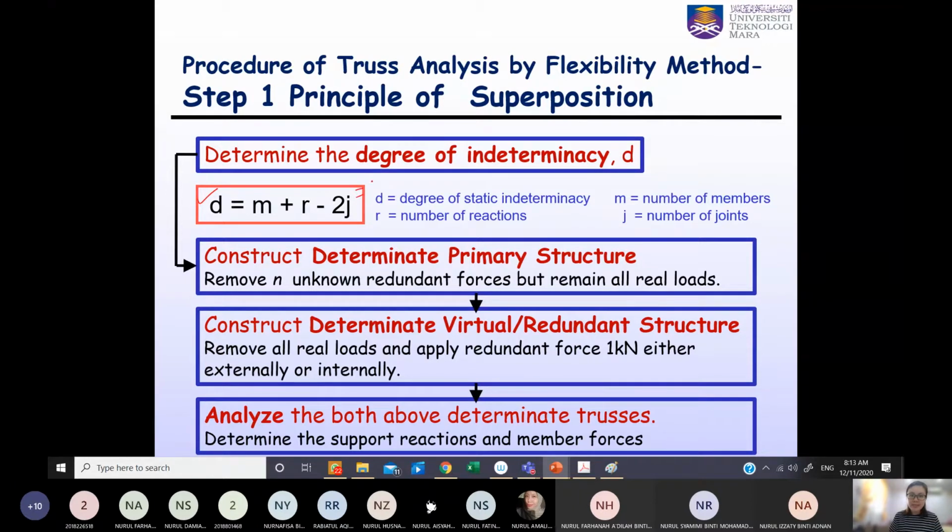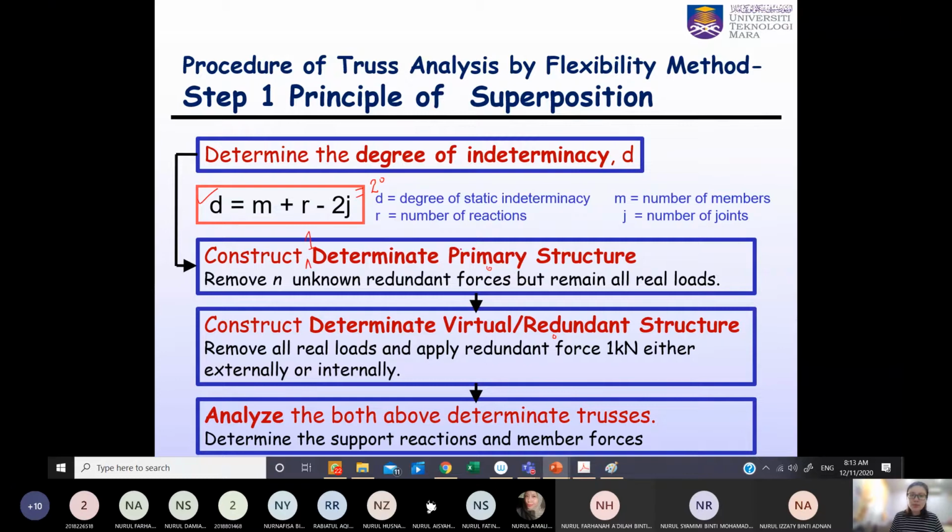Let's say now in our example today, we get d equal to 2 degrees. So you need to create one type of structure named the primary structure and another structure named the redundant structure. You will always need to construct only one primary structure, so I put it here, one only.